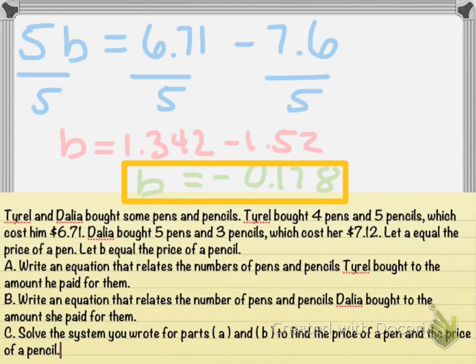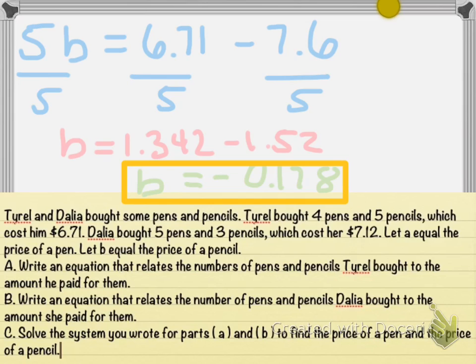So 5B equals 6.71 minus 7.76. So now to get the total amount, we will divide by 5 everything else in the problem.